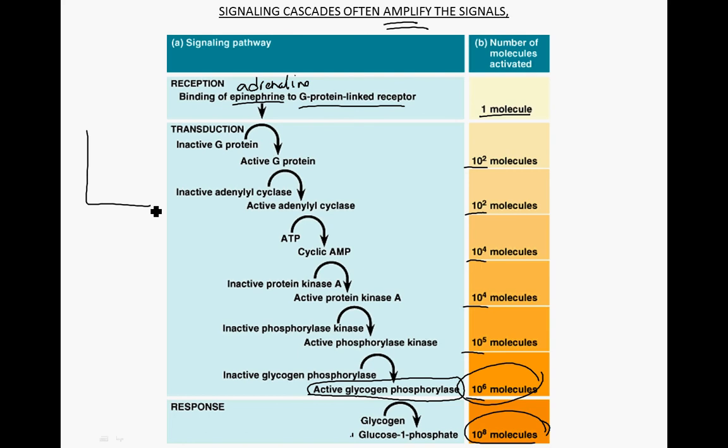Of course, graphically, this image looks like this, and you get this sort of exponential response there. So that is an advantage of using these chemical signals, and that is a characteristic of many transduction pathways within the cell, that you amplify the signal.